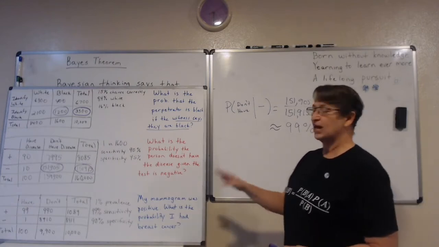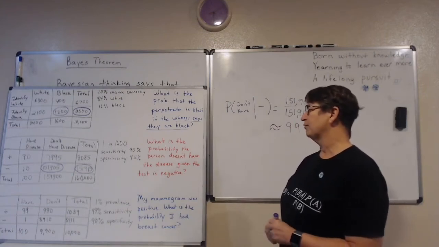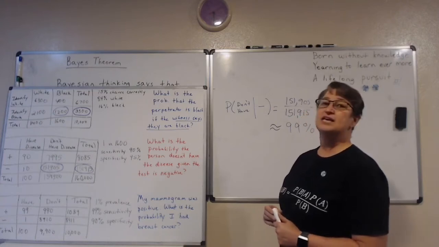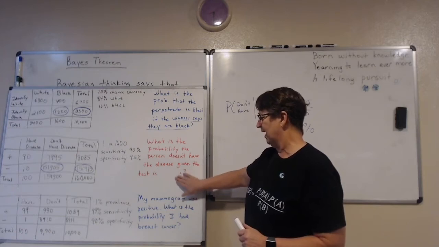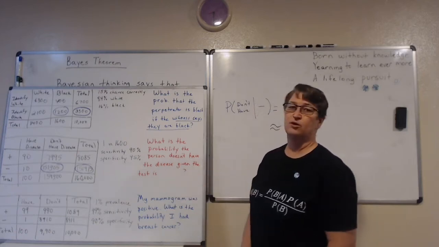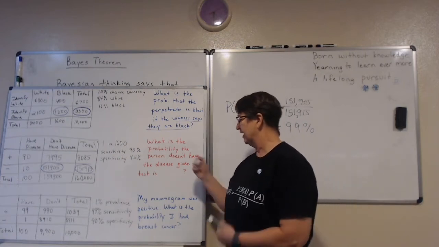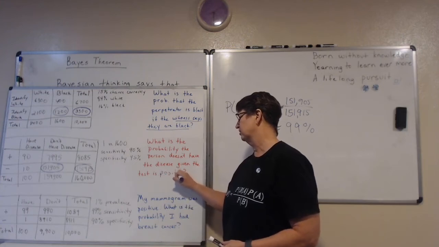What if I changed the wording of this? What if I said, what's the probability the person doesn't have the disease given the test is, let's just make this last word positive? What if I say positive instead of negative? How does that change my question?